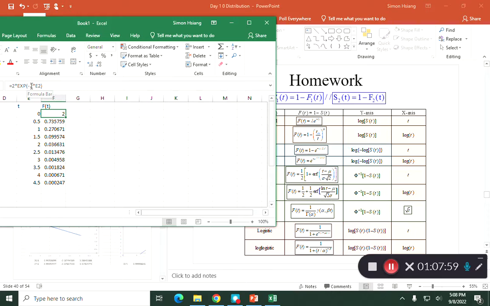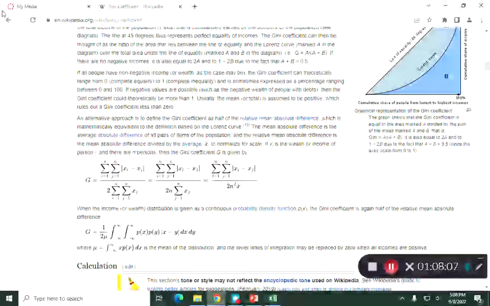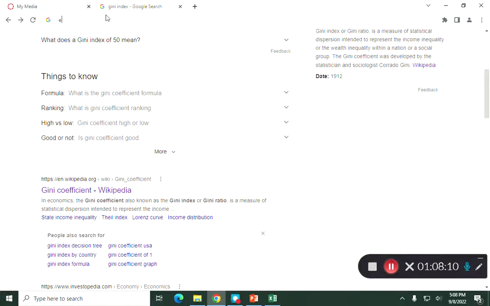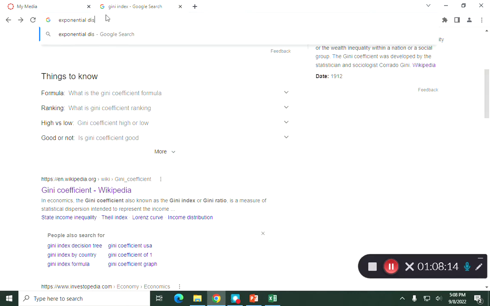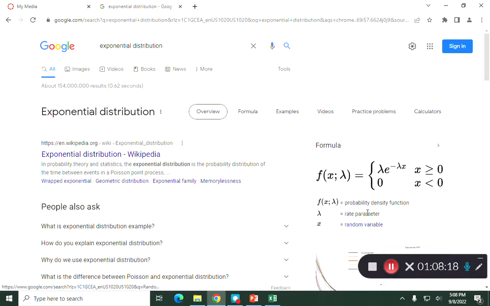Where did I get a K value? Oh, no, in this case there is no K value. I'm actually cheating, I'm using the most simple one, the exponential distribution.